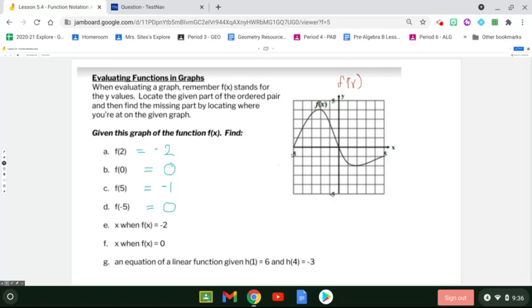When y is equal to negative 2, so here's negative 2 on the y-axis, or f of x, what x value does that occur at? That's the question. If I look very carefully, right here is where that occurred, and if I follow that up on the x-axis, it occurred at an x value of 2. So my answer for that one is x equals 2.